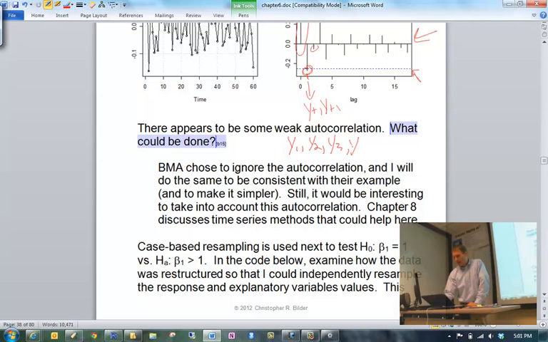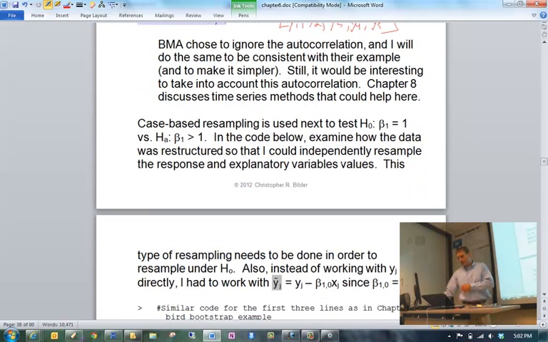Instead of resampling individual y's, I might resample a block of size 5 always. So I might resample y1 through y5, or maybe y2 through y6. The reason you do that is it helps preserve the correlation structure. There are other resampling techniques too, but that's one that's common. Also, you could use a regression model that allows for autocorrelated error terms. That's a possibility. Our authors choose to ignore the autocorrelation, and I'm going to do the same thing as they do so I can reproduce their example.